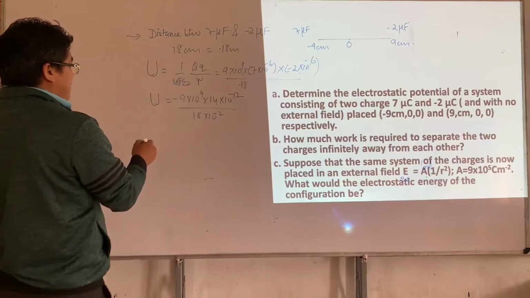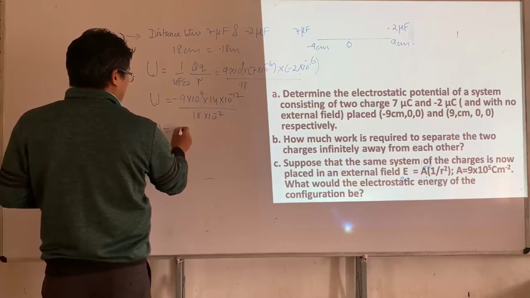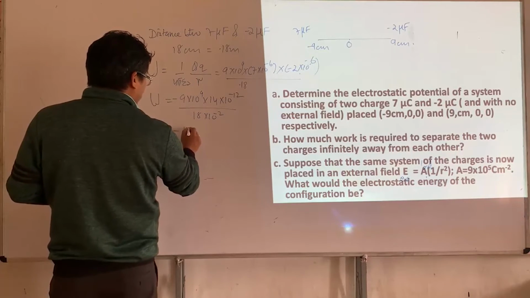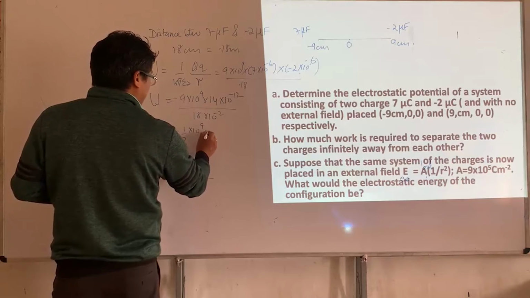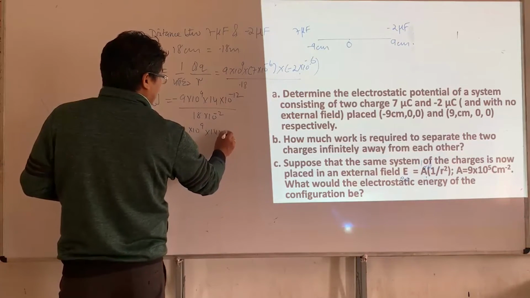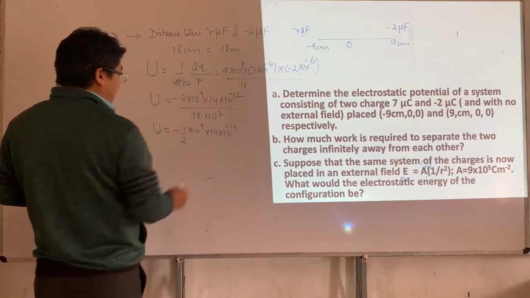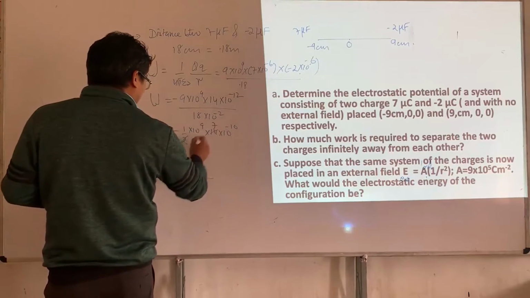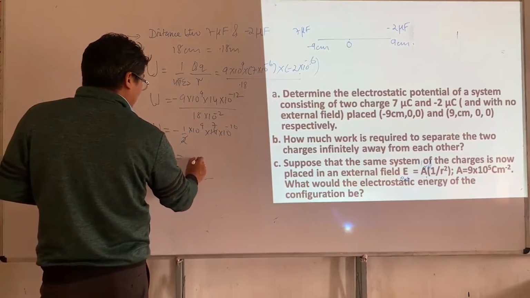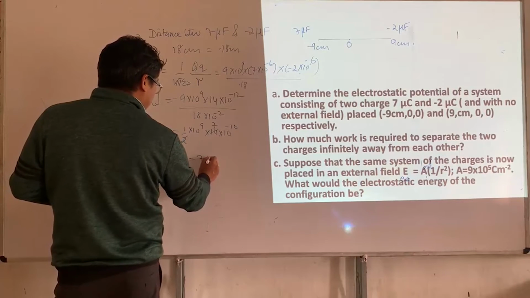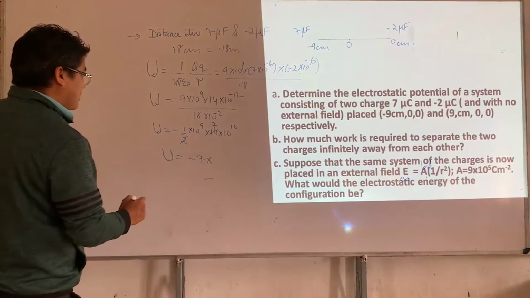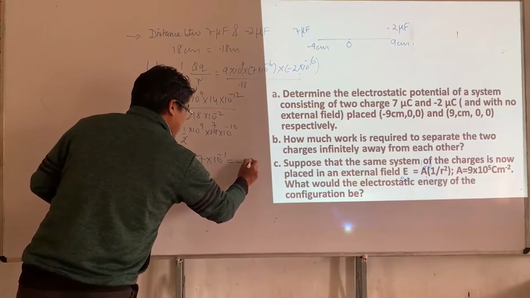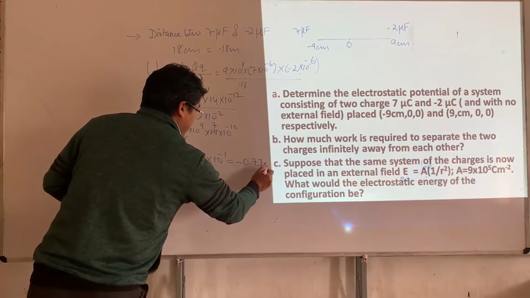Simplifying, this is equal to 1 by 2 into 10 raised to the power 9, 14 into 10 raised to the power 10, because the minus power goes up, and this is equal to 7. U is going to be minus 7 into 10 raised to the power minus 1. So the answer is minus 0.7 joule.